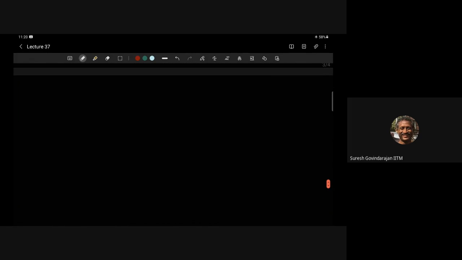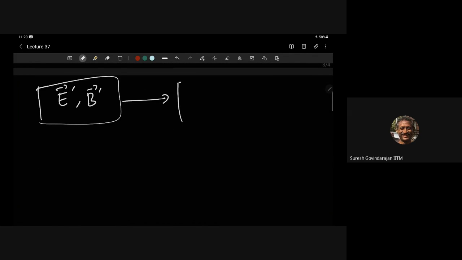Okay, so we are doing this. I'll draw it as a picture: E prime and B prime. You start with these, and now you go to some expression which has u, del, A and phi. Is this clear, what we are doing? I'm jumping steps, but okay. So this is just that step.